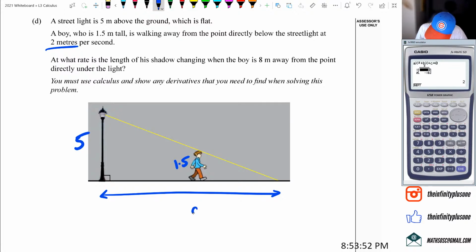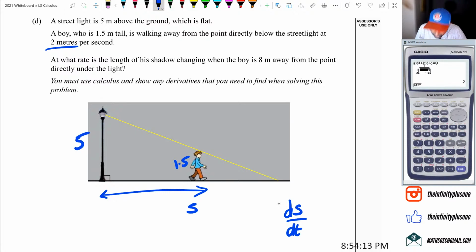So say, for example, if this is the distance, I'm going to put this as S so that I don't confuse you guys with this, ds dt. Maybe not all the way to the end, maybe up to here. So that's 2 meters per second. So ds dt could be written as 2 meters per second.